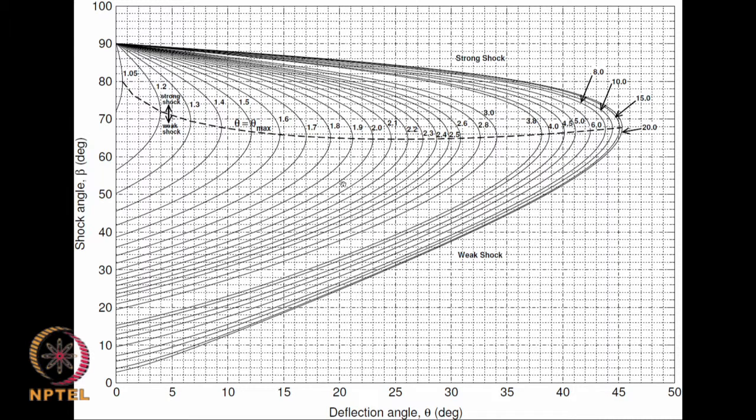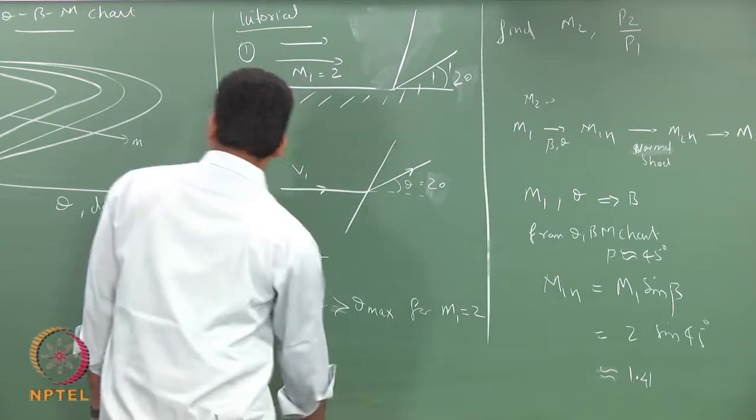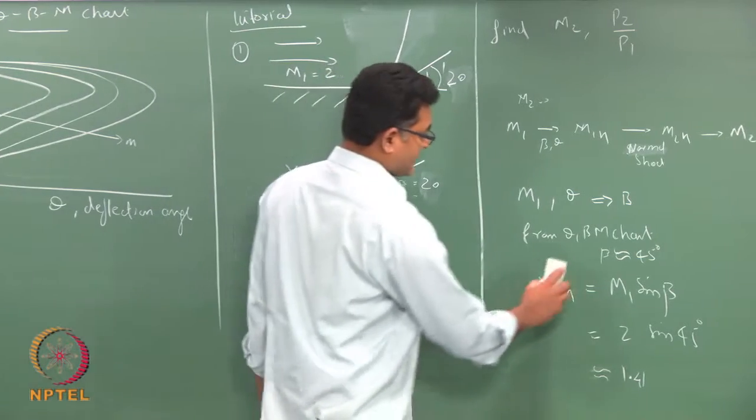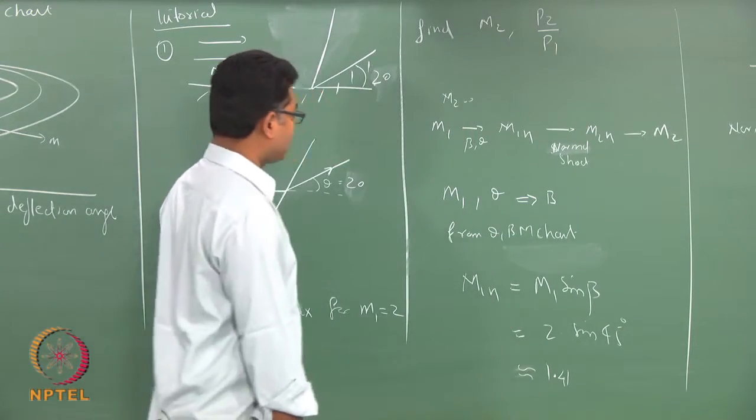here 51, 52 degrees, 54 degrees, around 54 degrees. So, we look for this particular line which intersects the Mach 2 line.